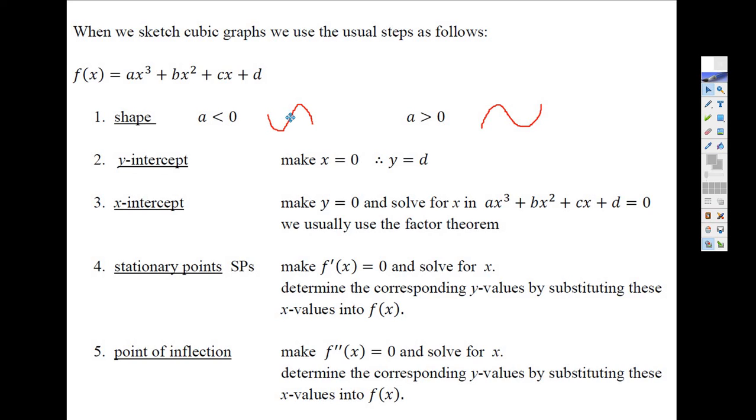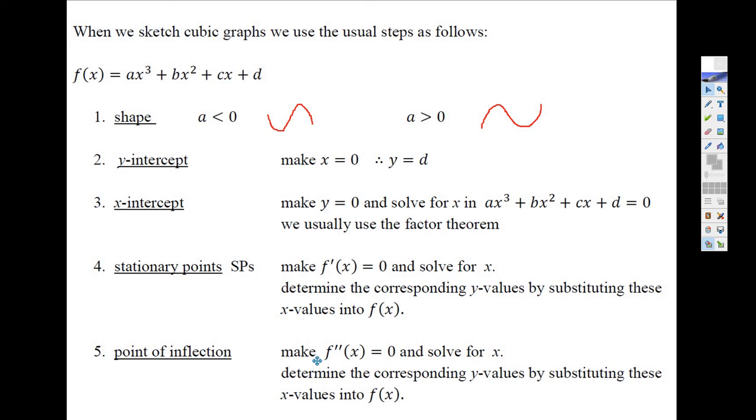And the point where it changes is called the inflection point. So to the right of the x value of the inflection point, it's concave down here. And to the left of the x value of the inflection point, it's concave up. Oh, here it's concave up from the inflection point to the right, and to the left, it's concave down.